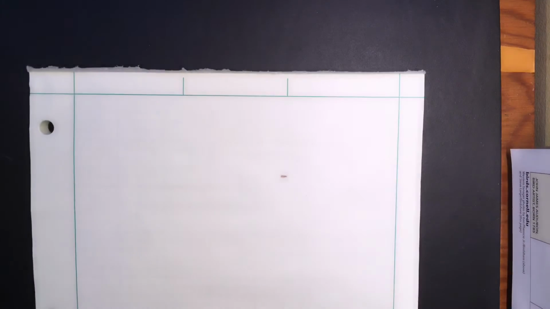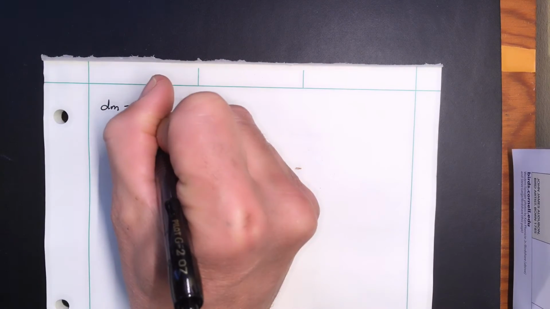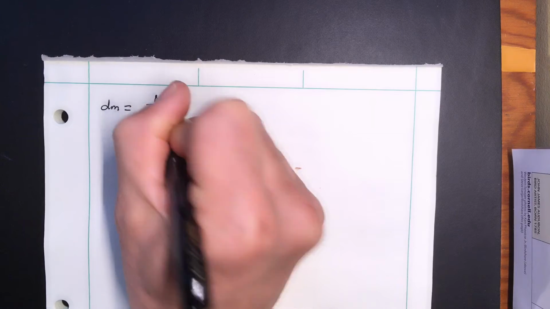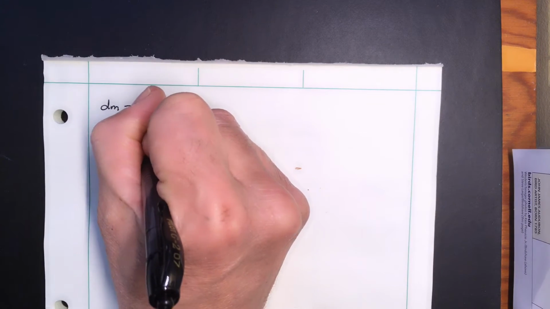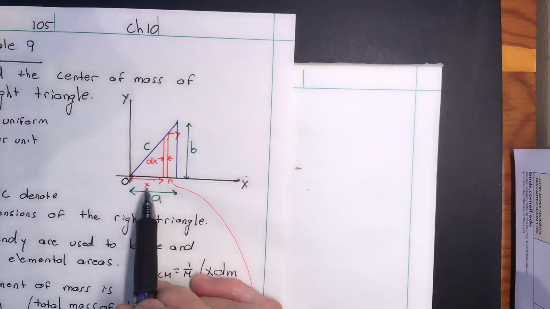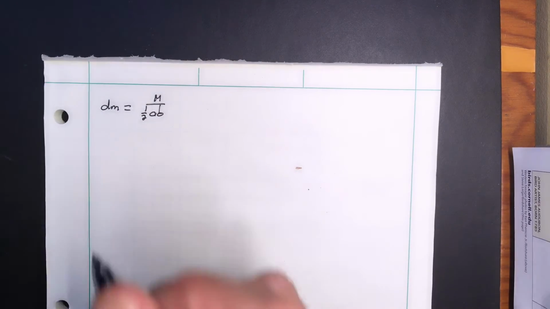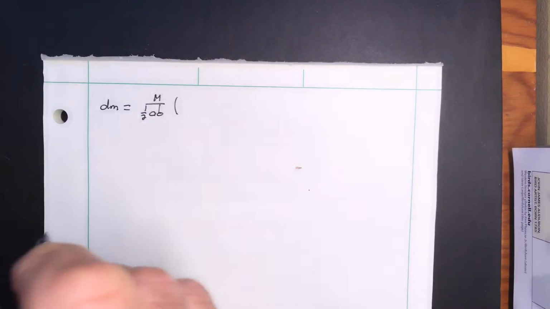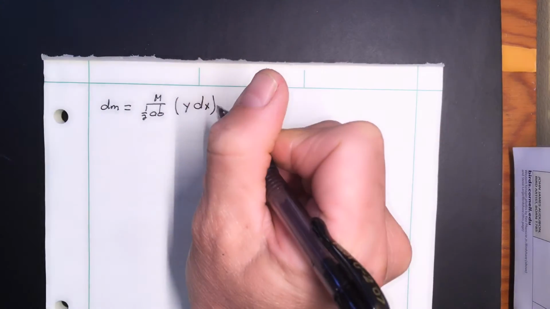So dm equals the total mass over the total area of the triangle, which is 1/2 the base times the height. Right? The base was A, height was B, times the area of that strip, y dx.